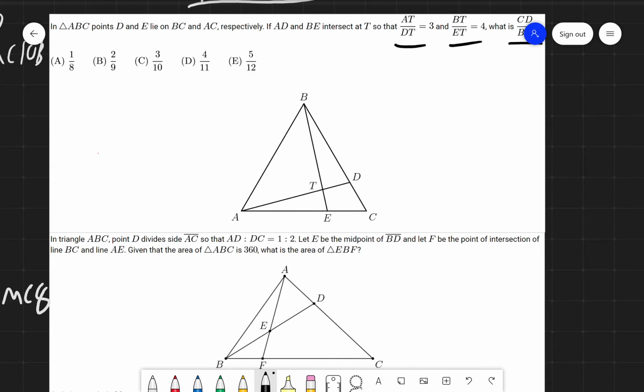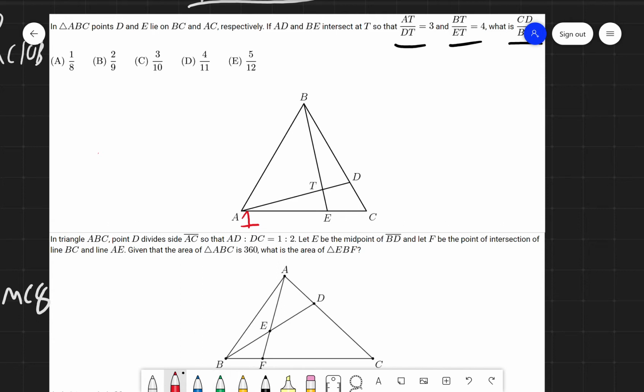So we can assign some mass to anything. Let's say point A has a mass of 1. We see that AT over DT equals 3, or AT equals 3 times DT, and we also know that BT over ET equals 4, so BT equals 4 times ET.